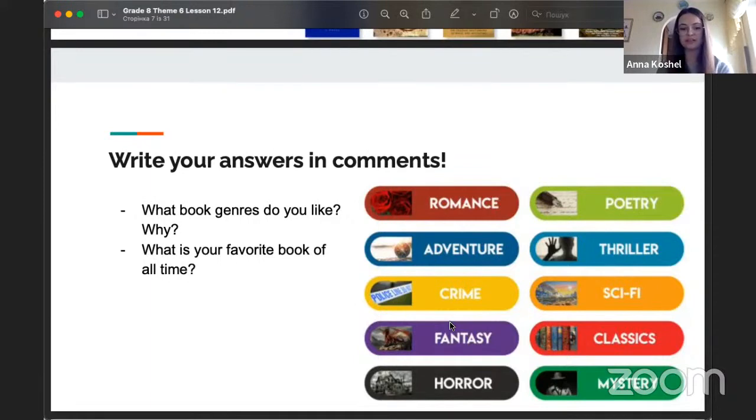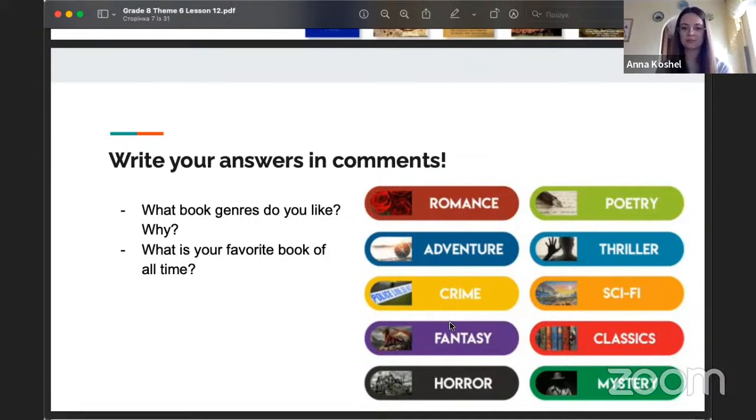Again, adventure is when something is happening to the main characters all the time. They are looking for clues, they are traveling the world, and so on and so forth. Thriller, that's when something really mysterious, however scary, is happening.